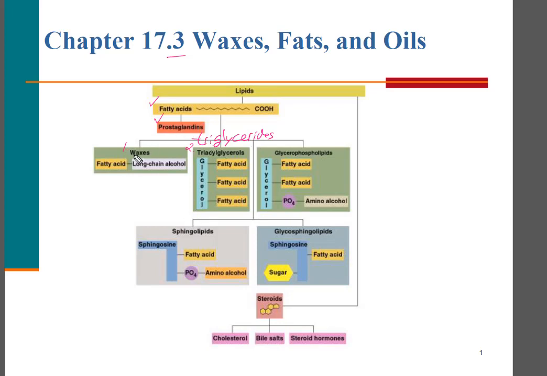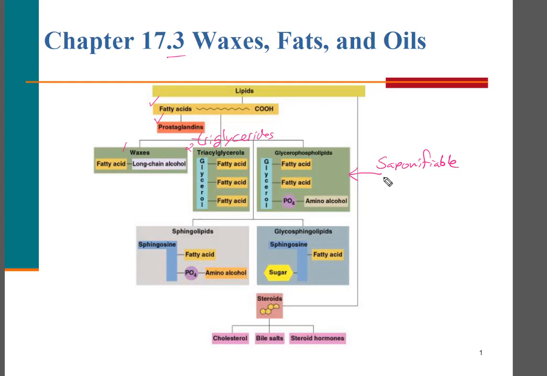Now, these in green here, there's a reason these are highlighted in green. These in green are referred to as saponifiable. And we'll talk more about a saponification reaction in a little bit, but if you remember the chapter on carboxylic acids, we talked about esters, and we talked about saponification of esters.